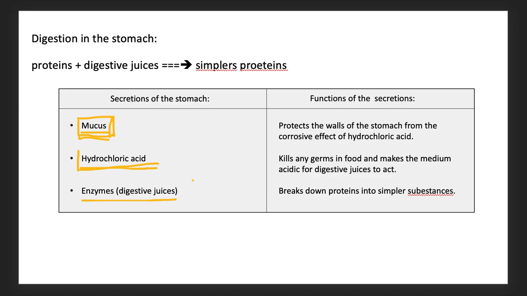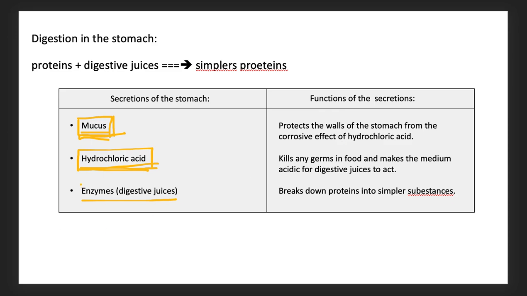That is why the food has to be acidic, which happens when hydrochloric acid is produced. To protect the walls of the stomach from hydrochloric acid, we have mucus, which protects the walls from the corrosive effect, as in harmful effect, of hydrochloric acid.